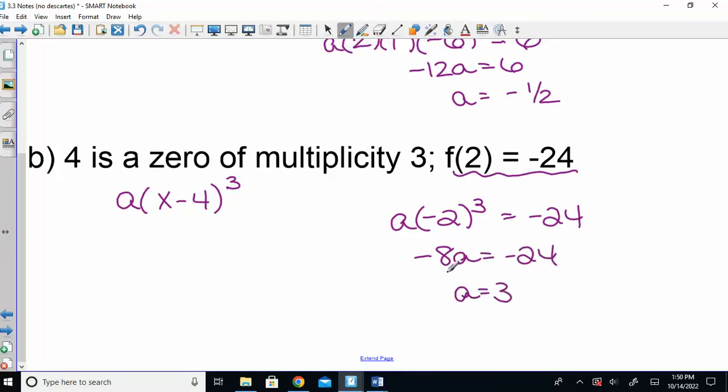So -8a equals -24. Divide and we get 3. So my polynomial is 3 times (x - 4) to the 3rd. Is this okay with everybody?